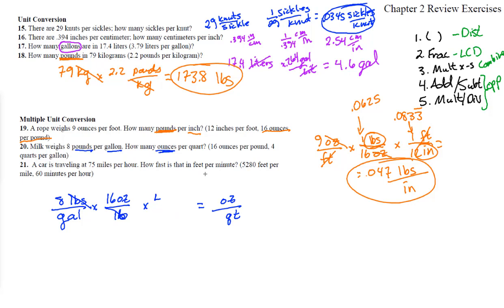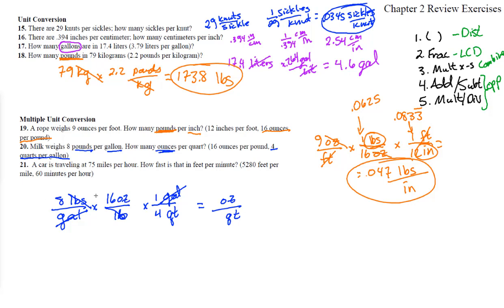Let's back up, and it's got to be 1/4, and that's gallons. So we're taking this right here and flipping it over. So it's 1/4, and that'll give us gallons per quarts. And now when we times it, look at that. Gallons, gone. And what are we left with? Ounces and quarts.